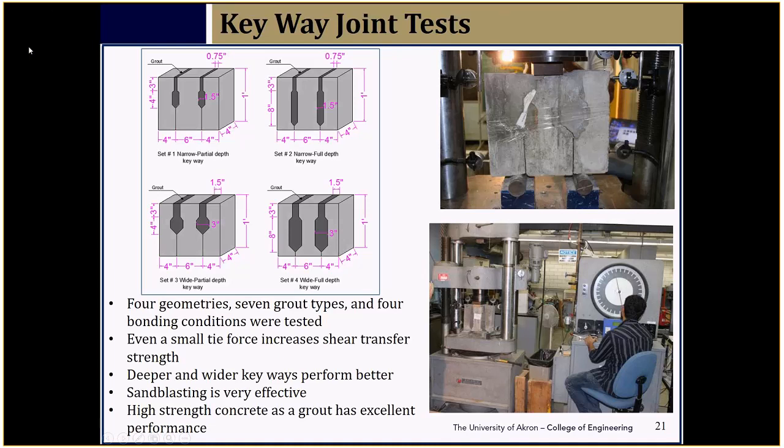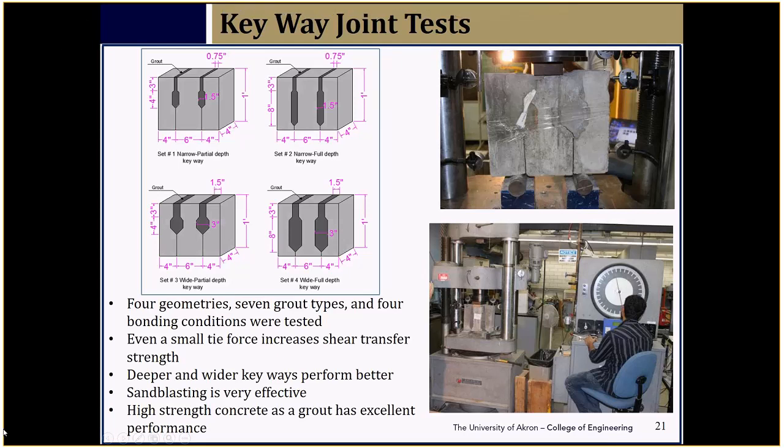What I did not show here is that we also used tie rods, scaled down to simulate the amount of clamping stress you can get from the actual 1-inch tie rods. We found that even a small amount of clamping force on the joints, perpendicular to the joint surface, will increase the shear transfer strength significantly. That's a very important observation we made.